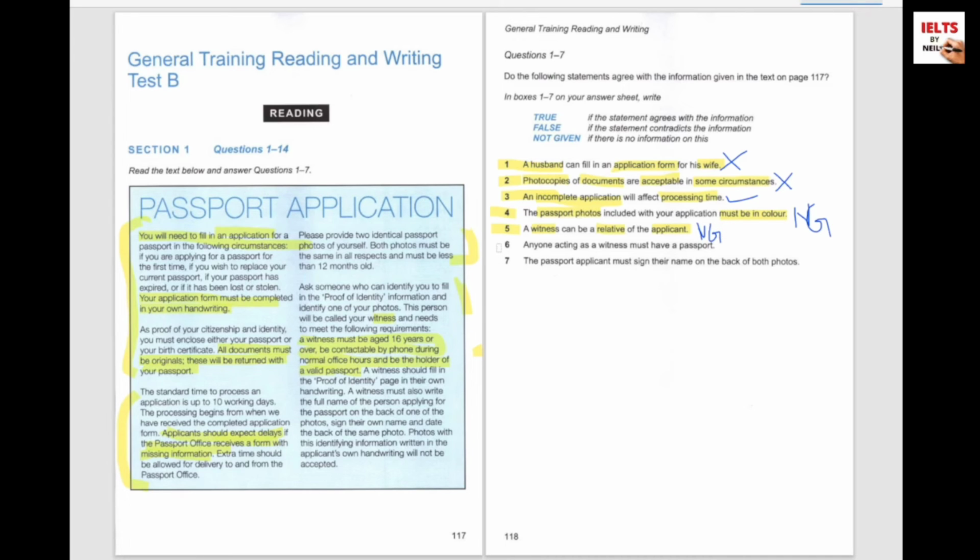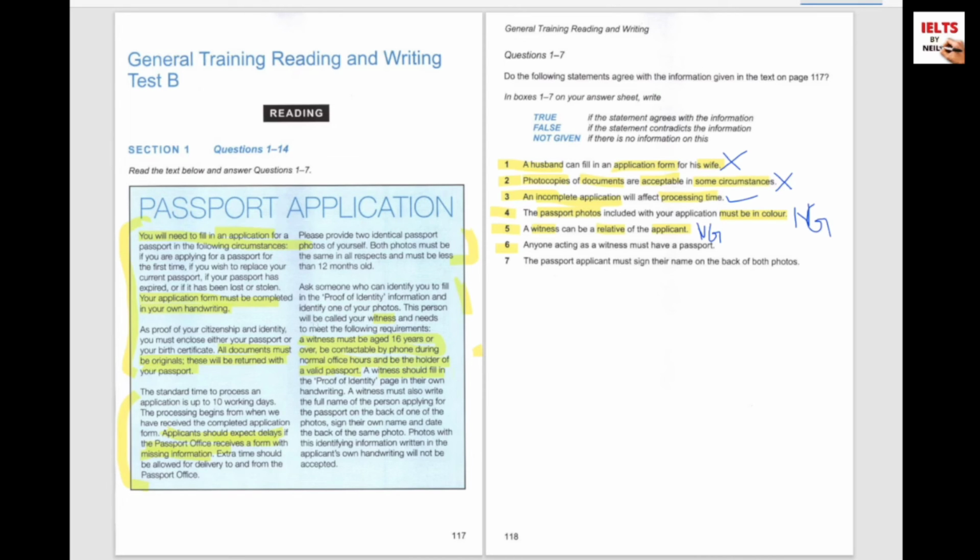Okay, next question. Anyone acting as a witness must have a passport. I think we just read this information somewhere here. Here it is.